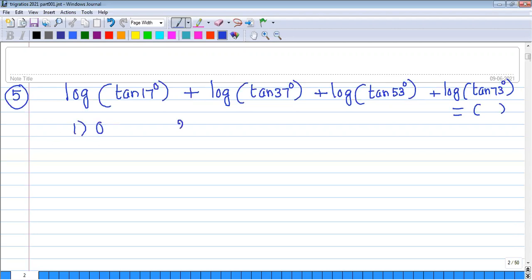First option 0, second 1, third 2, fourth 3. So what is the answer?